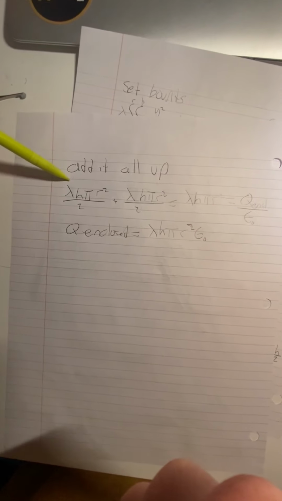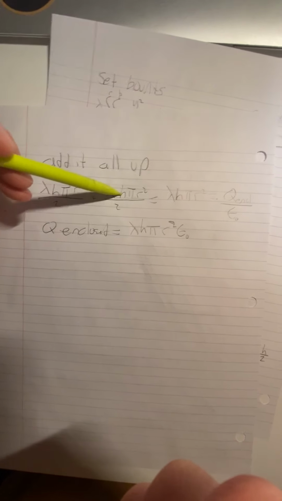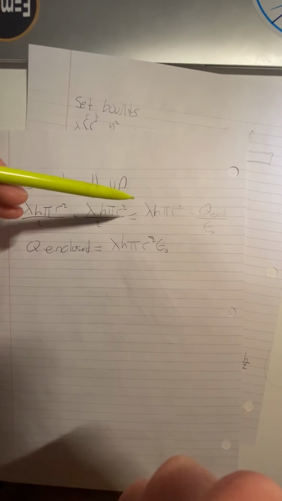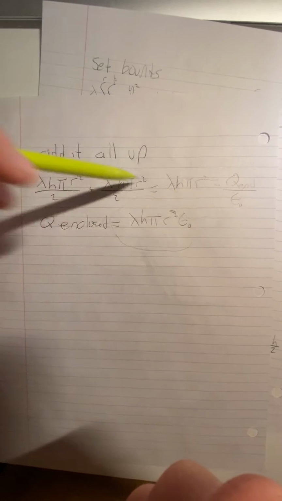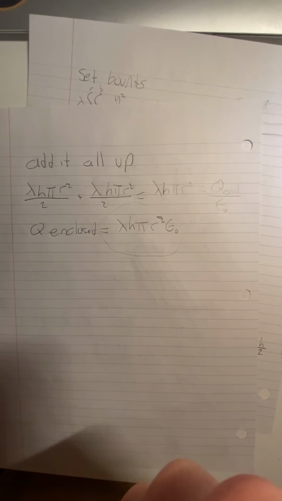So all we have to do is add them all up: the first surface, then surfaces 2 and 3, and surface 4 is 0. So that equals that, and then you do this, and you get that as your answer. All right, that should be good.